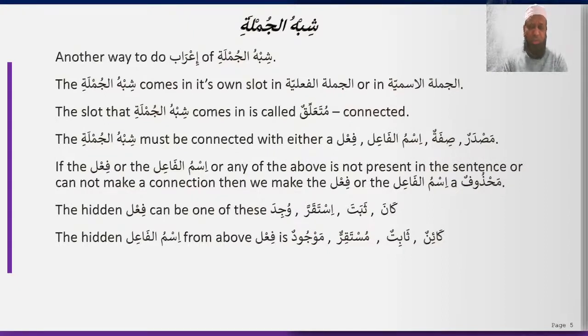So in the Jumla, whenever we see Shibhul Jumla, either it is made with a dharf and mudaf after it, or made with jar and majroor, they always must be connected, and it is called muta'alliq.